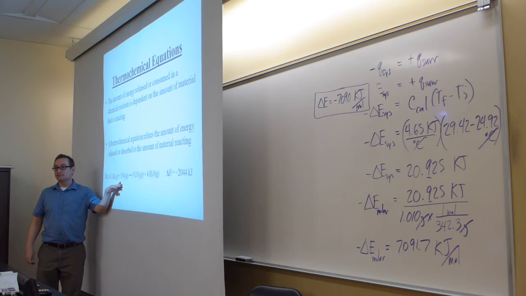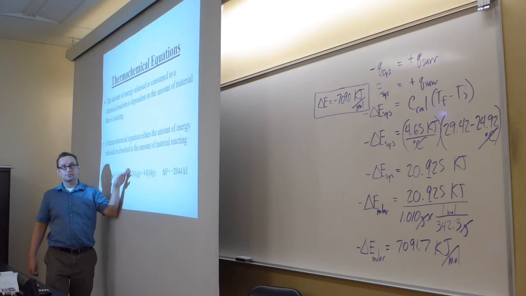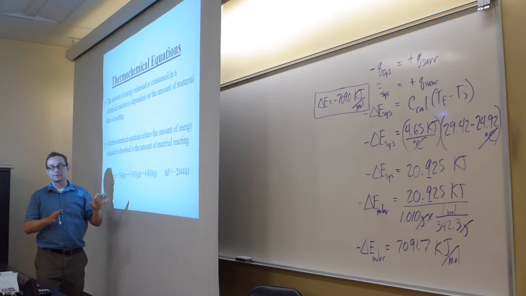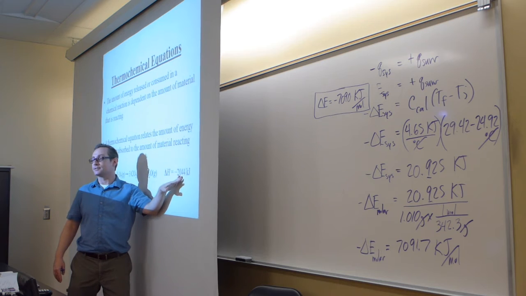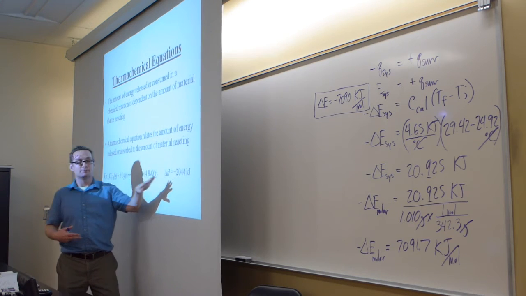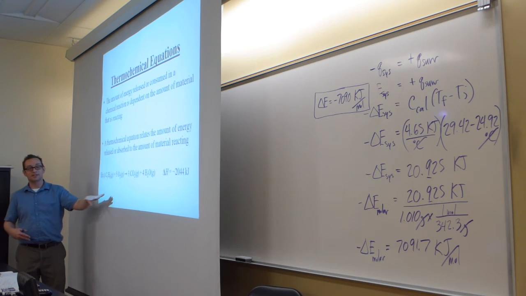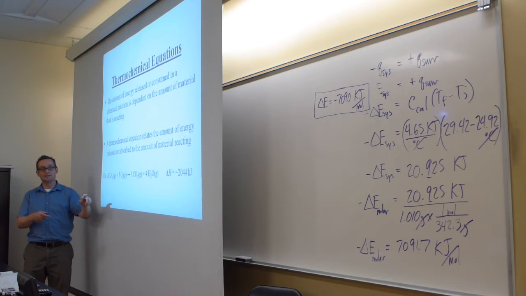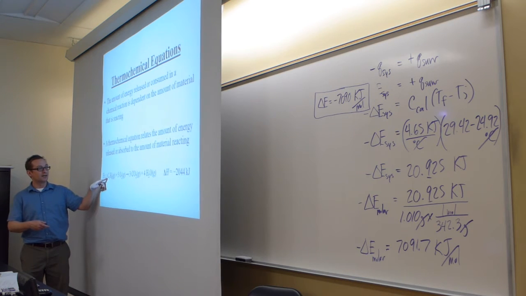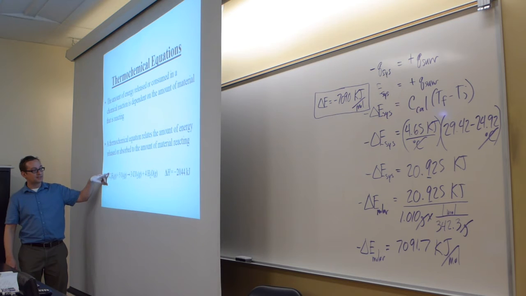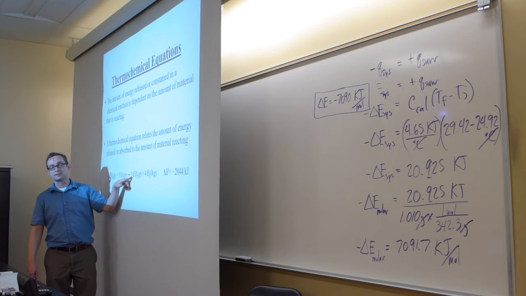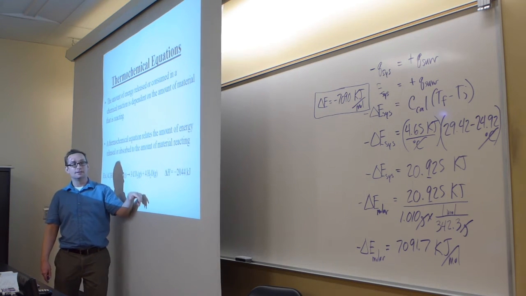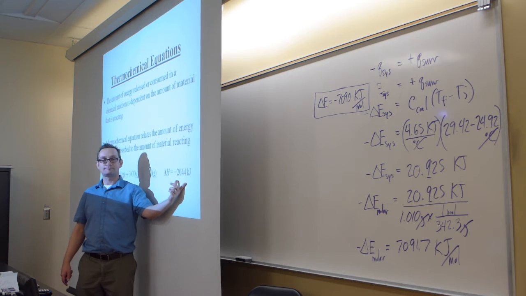What thermochemical equations do, and this is an example of a thermochemical equation. Okay, a thermochemical equation is just a chemical reaction with an enthalpy value assigned to it to the side. That's all it is. But what a thermochemical equation does is it relates an amount of energy to how much we burn. So if I doubled the moles of propane, which would make me have to double the moles of oxygen, which would double the moles of carbon dioxide and water coming out, what do you think this value would become?